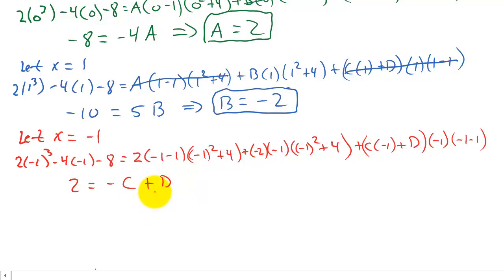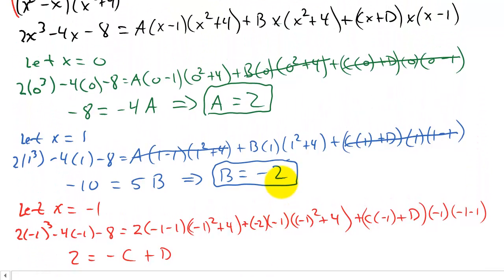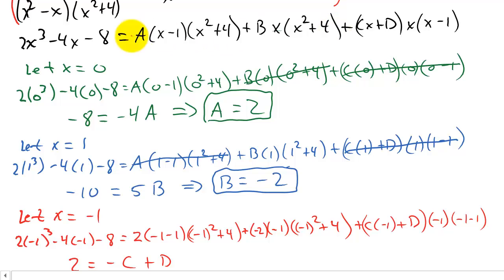Alright, so you can see here that I have two variables. So now I need to let X equal something else. So this time I'm going to let X equal 2. And so I plug the 2 in, and I'm plugging the 2 into this right here.